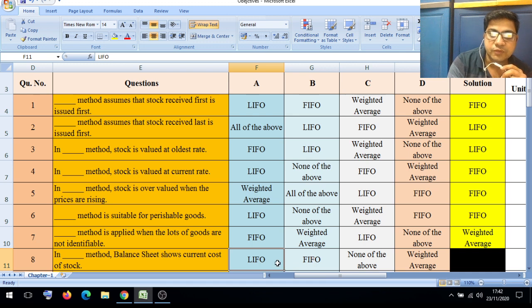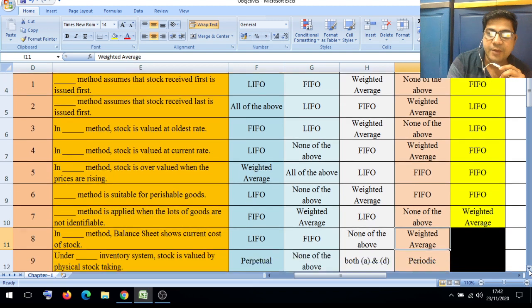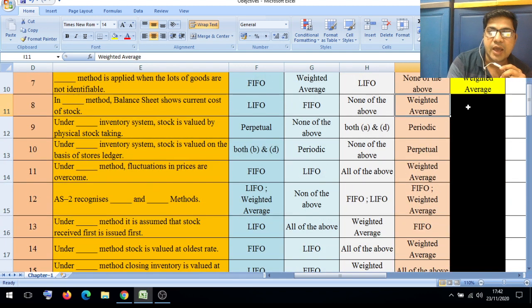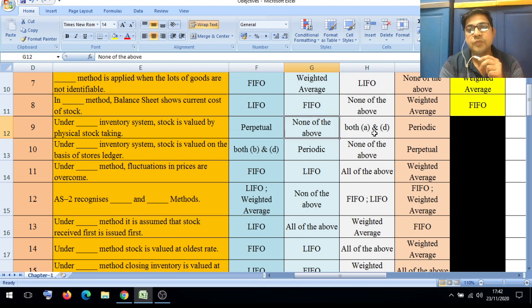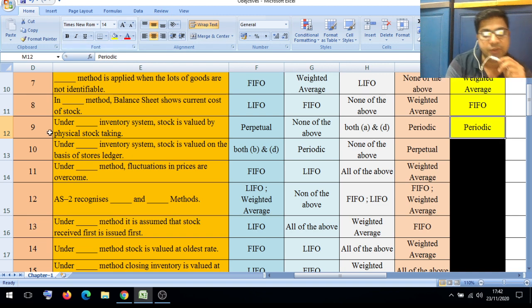Here the answer is the FIFO method. Under dash inventory system, stock is valued by physical stock taking. The options are perpetual, none of the above, both perpetual and periodical, or periodical. Here the answer is periodical.